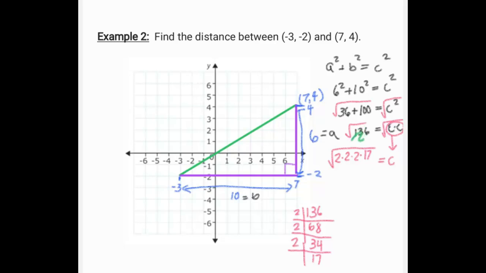And we can see that only one group of 2 can come out. So in this case, 2 square root of, and the 2 times 17 remains inside the radicand. So 2 times 17, going back to this, is going to give us 34 as equal to c. So that is the distance that we have on the hypotenuse.